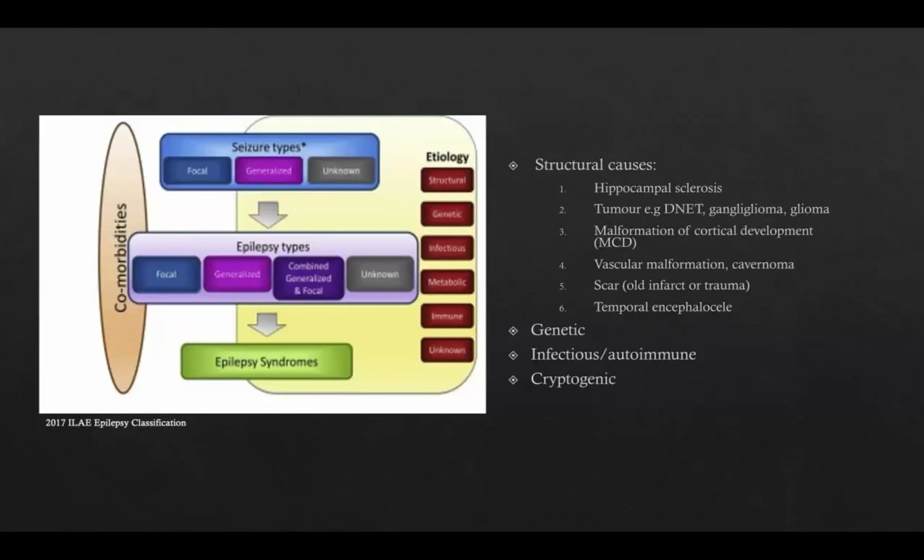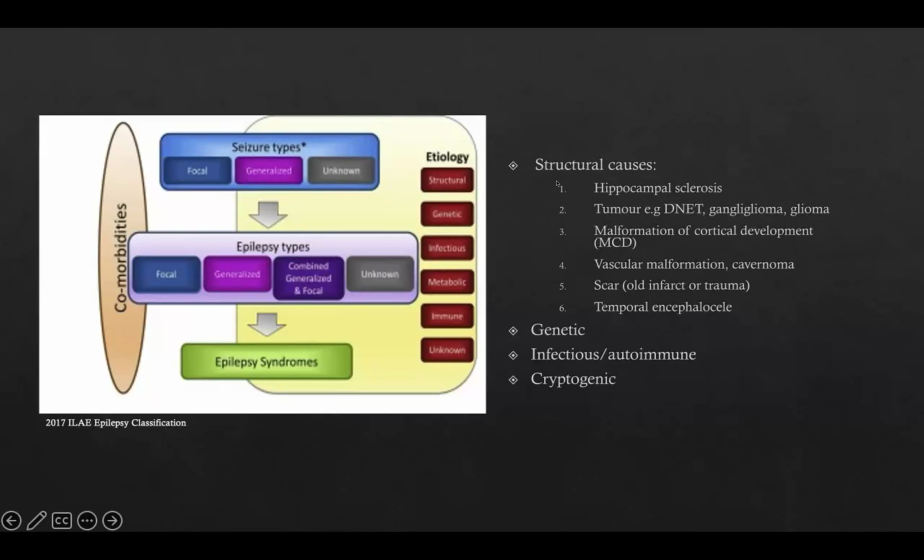If you look at the classification by the International League Against Epilepsy, there are different classifications of seizures and different classifications of epilepsies, but to look for the etiology, this is when imaging plays a role in looking for all of these possible causes.